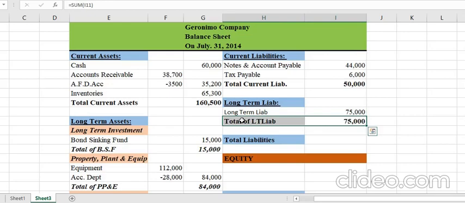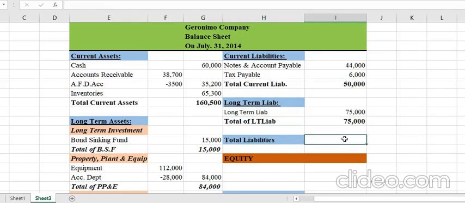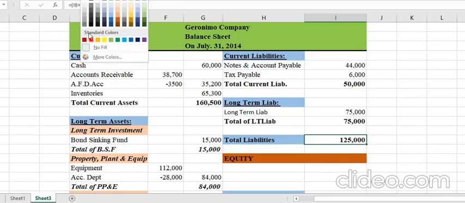I can bold it a bit. So we have the total of current and the total of long-term, and we can add them to calculate the total of the liability. The total of the current is 50,000 plus 75,000, and we get the total liability as $1,25,000.